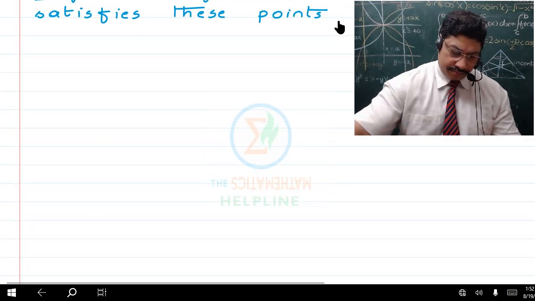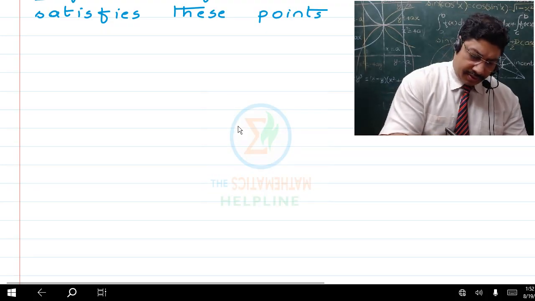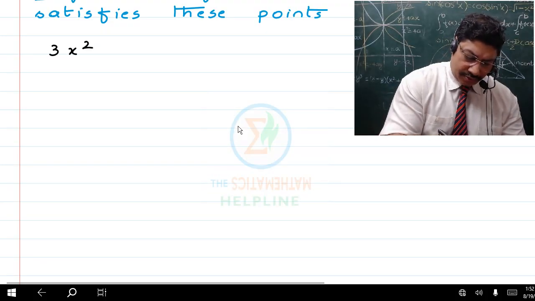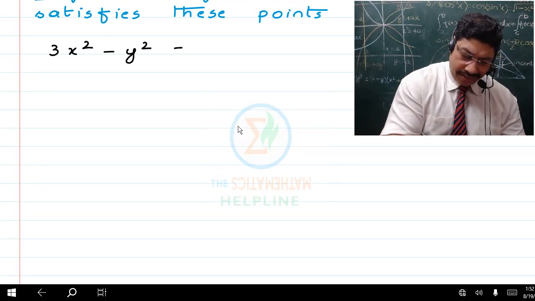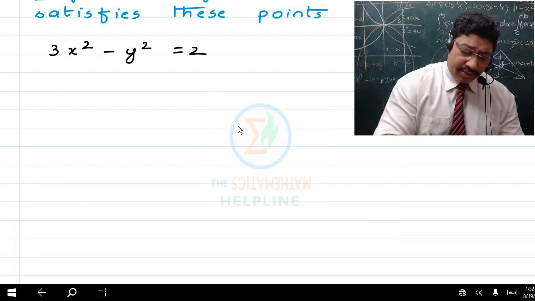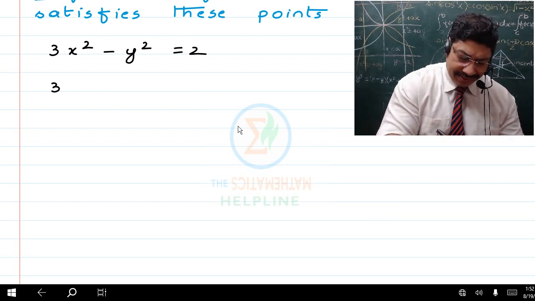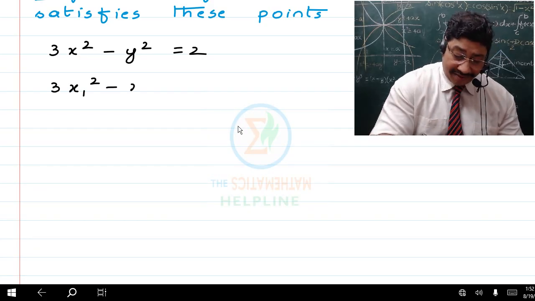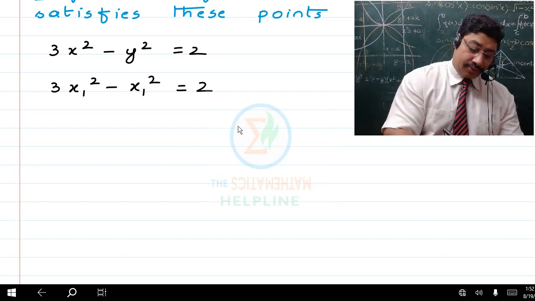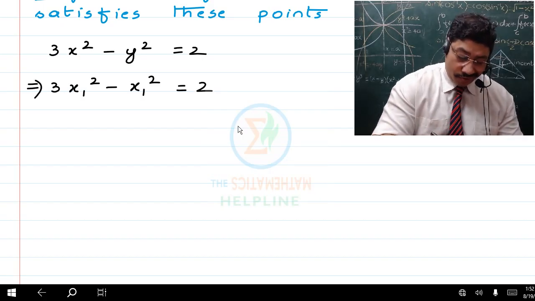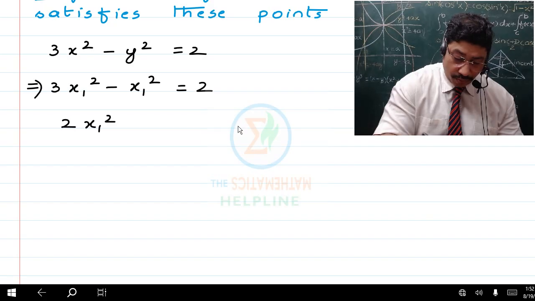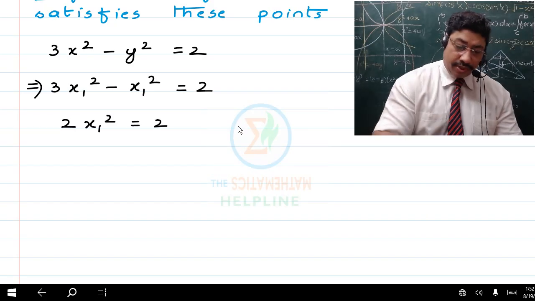So 3x square minus y square is equal to 2, and now when you substitute, right, you will get 3x1 square minus x1 square, which becomes equal to 2, right? This is on substitution. So obviously now you will have 2x1 square, which will become equal to 2, and now here you get to see that 2 and 2 will get cancelled.